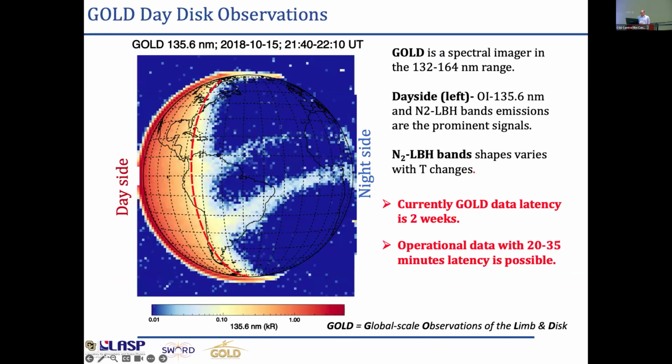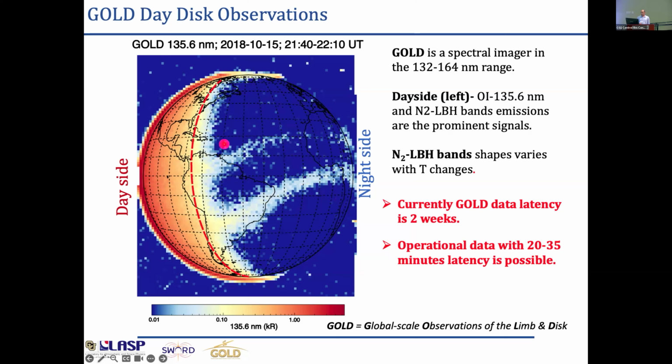So as I was telling you, GOLD is in a geostationary orbit. So it watches the American whole sector, the whole disk, for more than 18 hours per day. GOLD is a spectral imager in the UV wavelengths 132 to 164. And this is one particular 30 minute image from the day scan. What it shows on the left is the day side of the disk, and on the right is the night side.